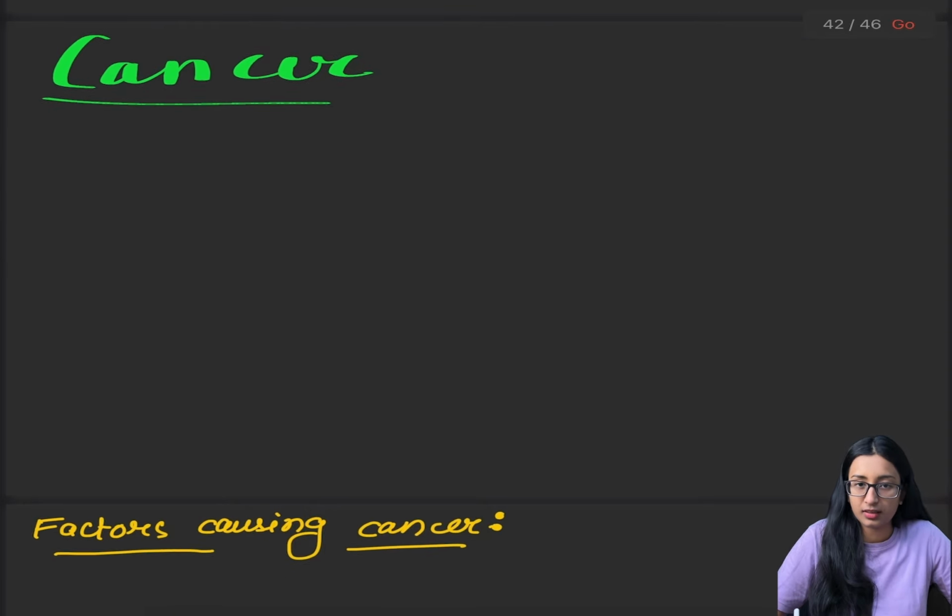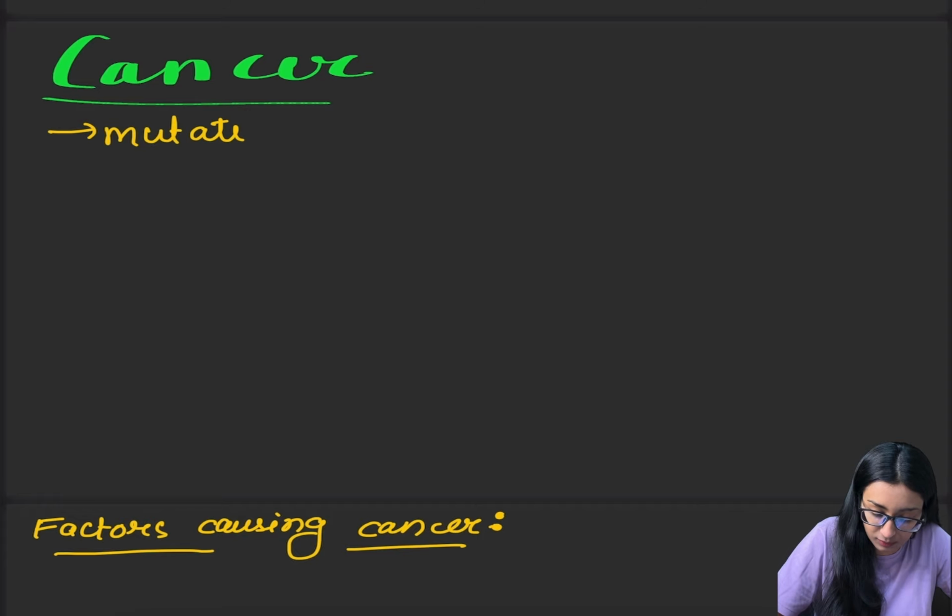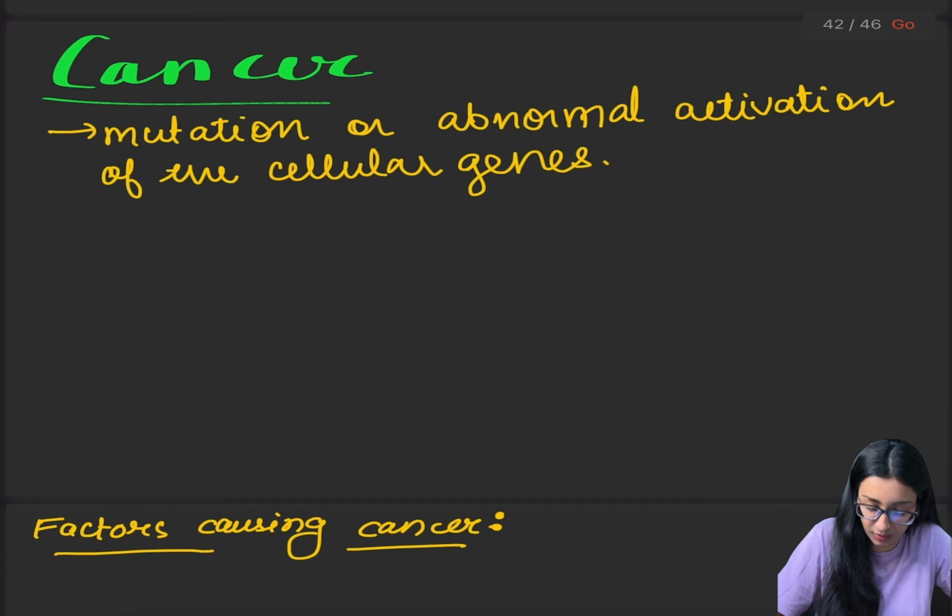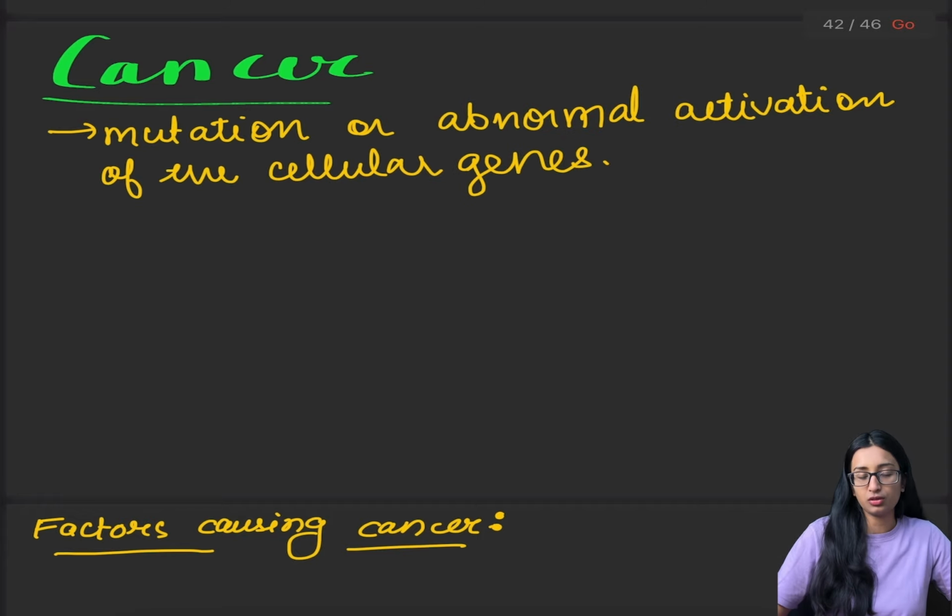The next is cancer. Cancer happens either due to mutation or abnormal activation of cellular genes. Usually in normal cells there are proto-oncogenes present. These proto-oncogenes are required for cell adhesion, cell growth, and cell division. But in cancers, these proto-oncogenes will change into oncogenes, and these oncogenes will lead to the formation of cancer.